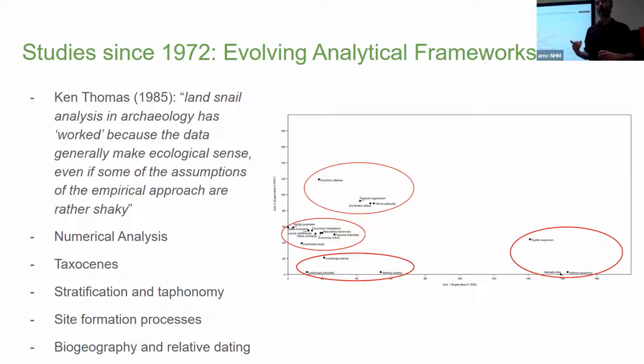The problem with using ecological groups, it became apparent through studies on modern faunas, some of them by John himself, such as John and Hilary Jones's study of rock rubble faunas, a lot of work by Rob Cameron as well, is that the ecological groups are not absolute, especially at the shade-loving end of the spectrum.